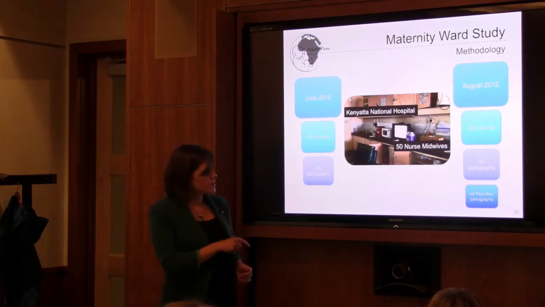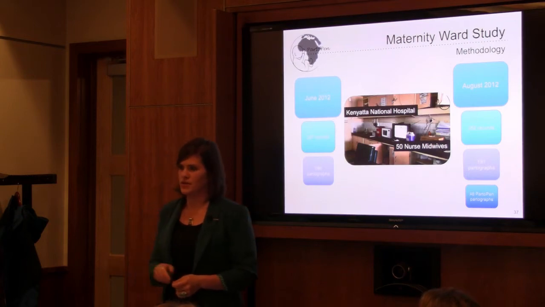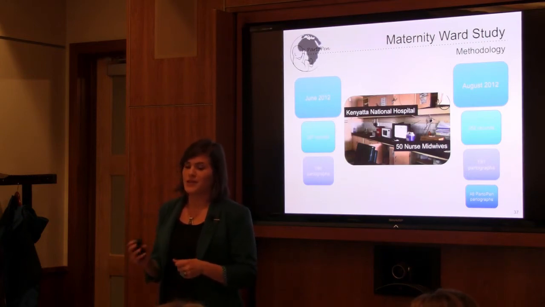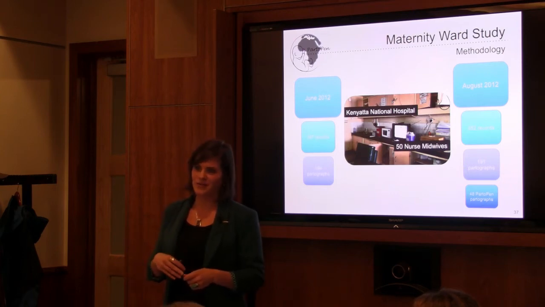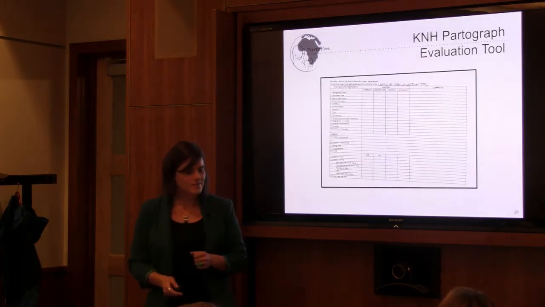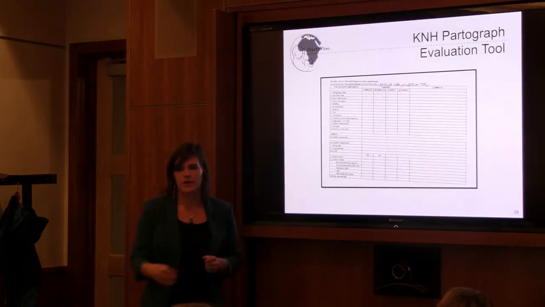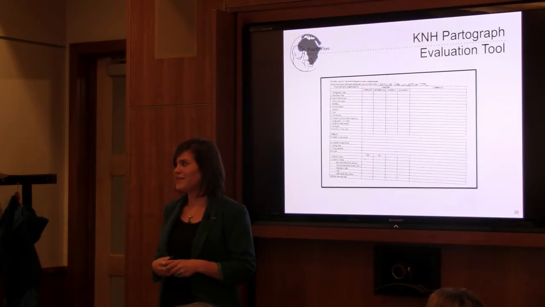And this number is much smaller than the 191 partographs because there's a lot of students that are present on medical rotations in the labor ward. And the students were filling out the majority of the partographs, but they weren't given PartoPens to use, only the nurses.